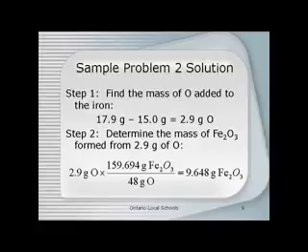Then, once we know the mass of oxygen, we can multiply that times the molar mass of iron 3 oxide divided by the mass of oxygen in iron 3 oxide. So 159.694 grams of iron 3 oxide divided by 48 grams of oxygen. And that will tell us that the mass of the iron 3 oxide formed was 9.648 grams of iron 3 oxide.